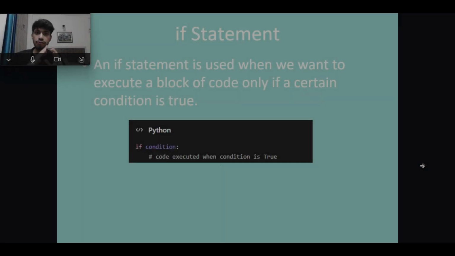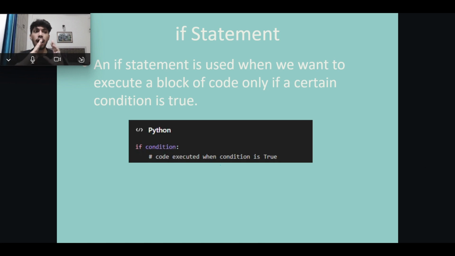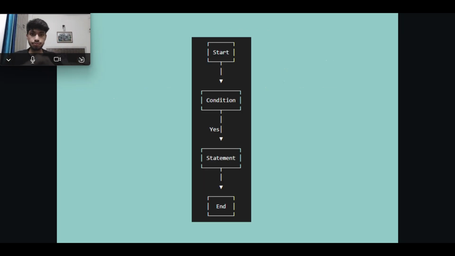Now we will see the flow chart of this if statement, how the code is working at the backend. Here the code starts executing, then it will check the condition we mentioned.